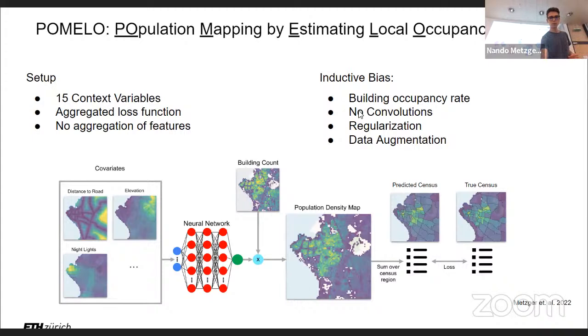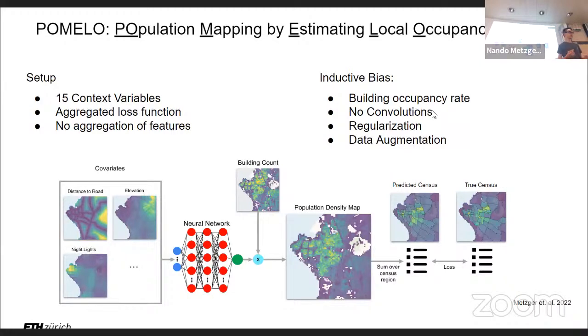One speciality also is that this neural network here is quite small. It has only 3 layers as shown here, and it doesn't have any convolutions. We noticed that for several reasons, convolutions in these settings are bad. First of all, the covariates that we use don't contain a lot of textures.